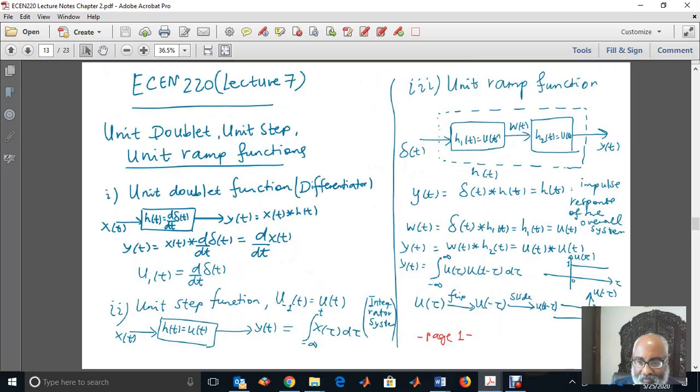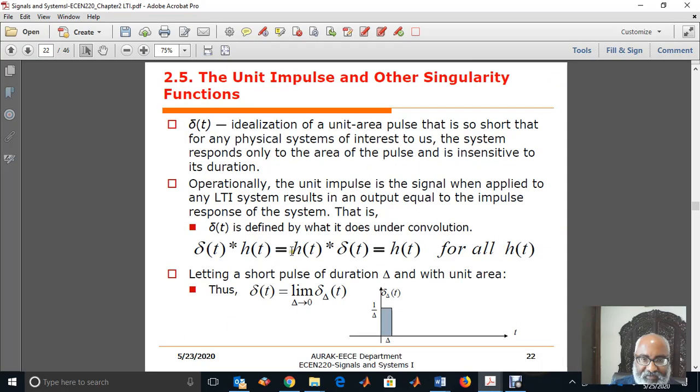Okay, now the next is unit doublet, unit step, and unit ramp. Let's have here the notes from the slides. If you remember, an impulse, the way we define it, Dirac t is a small rectangular pulse of duration delta and amplitude 1 over delta.